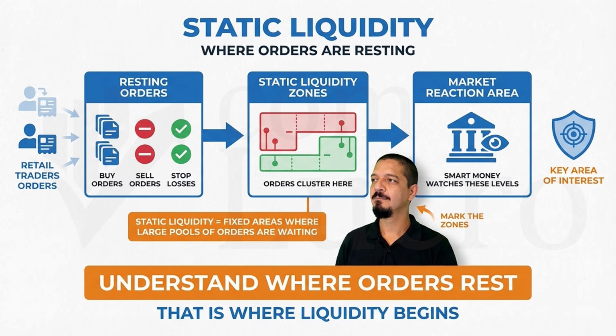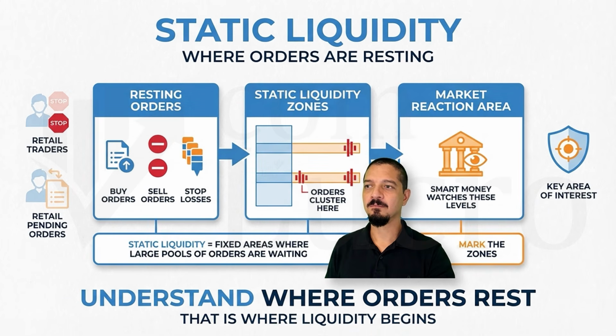Now, shifting focus, let us examine static liquidity. Static liquidity refers to specific areas on the chart where a large pool of orders is resting, such as stop losses and pending buy or sell orders. Every time a stop loss is triggered, that liquidity is absorbed by the market. This is why recognizing a liquidity sweep before price reaches a key level is so important.